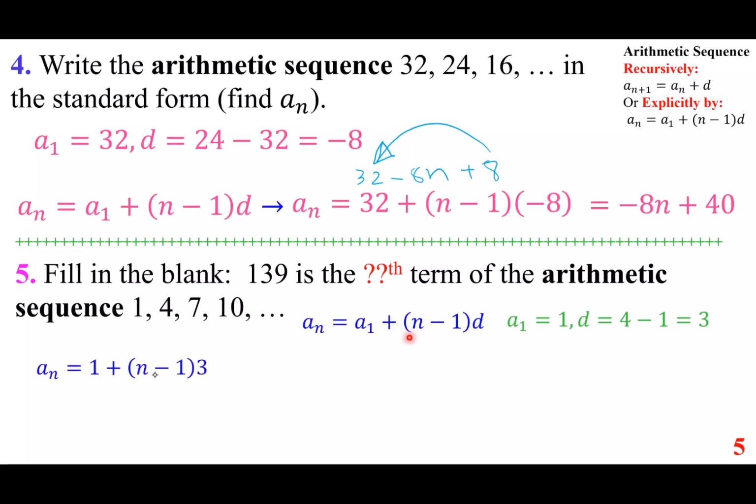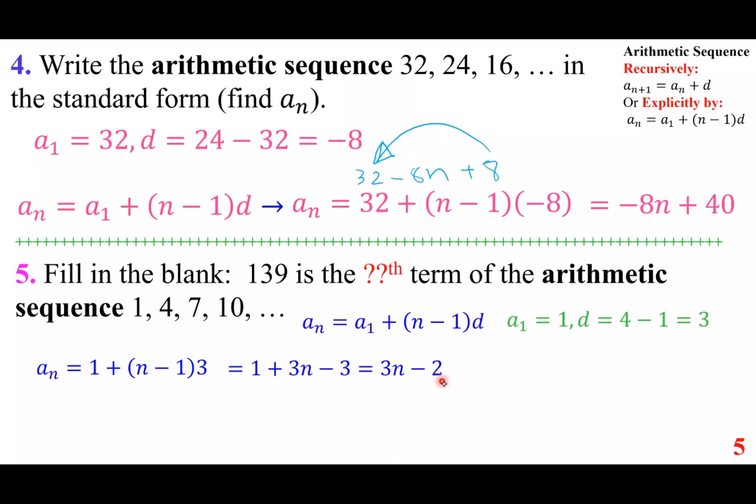This is 3n minus 3, and minus 3 and 1, they add up to 3n minus 2. If we set this equal to 139, we can find n, which gives us the term we are interested in.